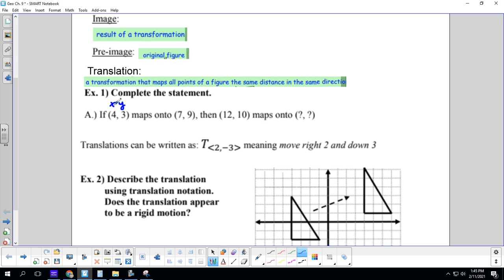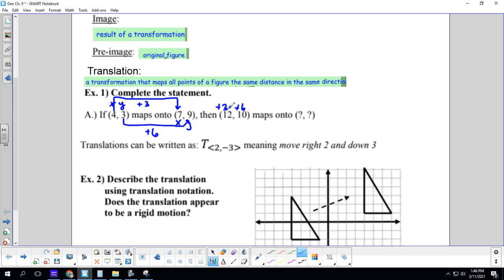So if we start with (4, 3) on the x and the y, and we end up at (7, 9), how far did we have to travel on the x-axis to go from 4 to 7? So on the x-axis we had to go plus 3. On the y-axis, how far did we have to go up to get from 3 to 9? Oh, we have to go 6.